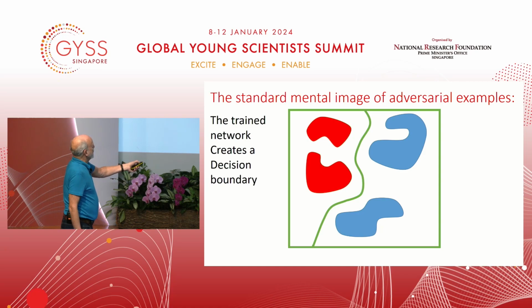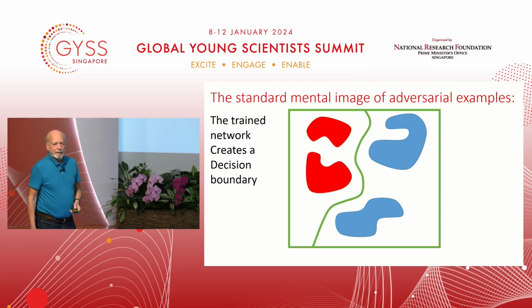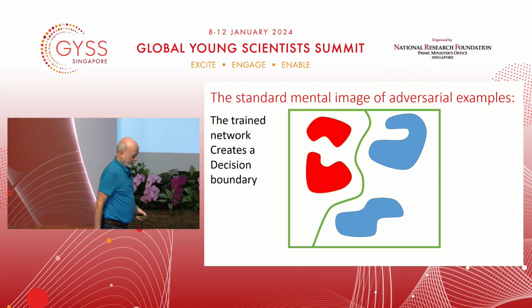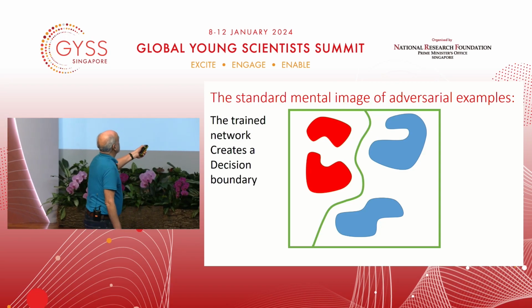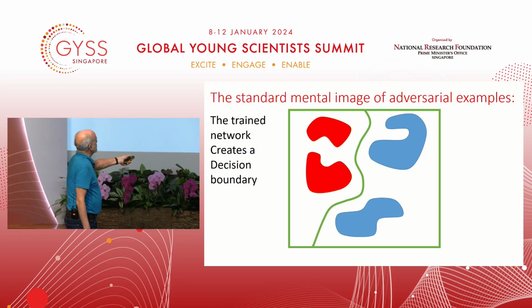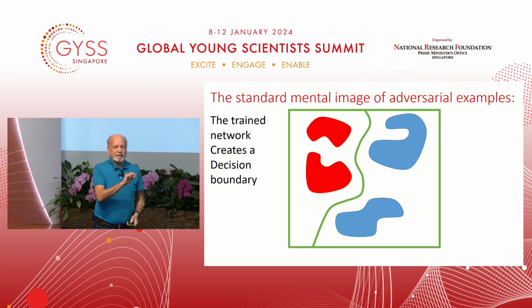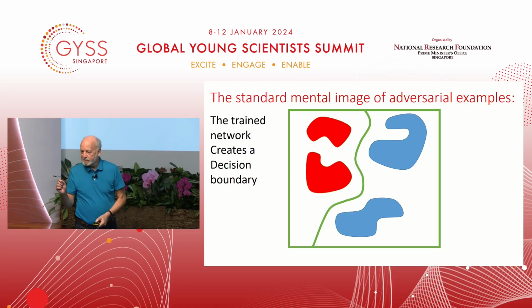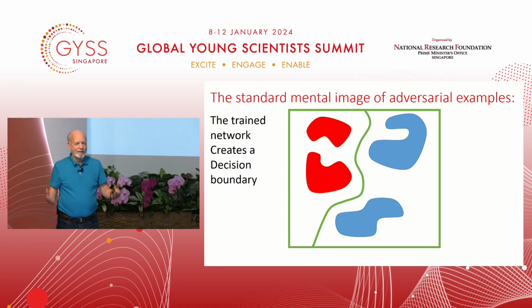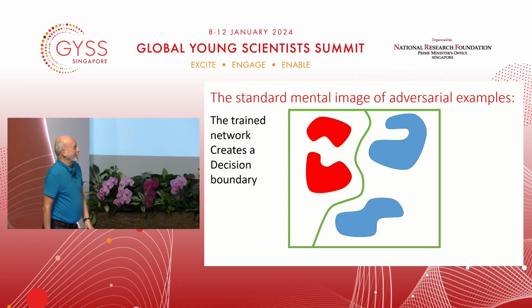And everything here and here is on the other side of the decision boundary, so it is going to be classified as guacamole. The decision boundary can be viewed as the collection of points at which the network thinks there is a 50% chance to be a cat and 50% chance to be guacamole. It is equally undecided between the two possibilities.